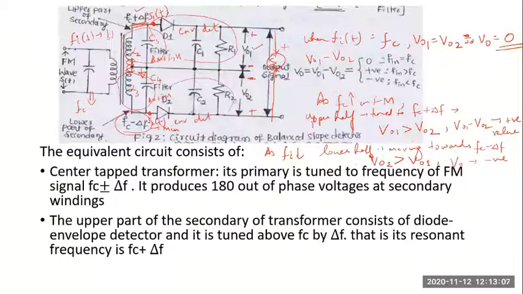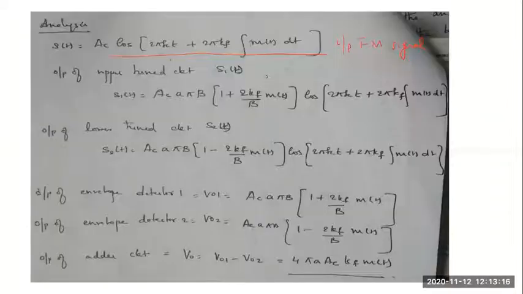After the envelope detector, we call them V01(t) and V02(t). So just after the parallel LC circuit, the output S1(t) is given by this equation. Can you see a signal? Actually, it's very easy to remember. This part, cosine 2 pi fc t plus 2 pi kf integral m(t), is there as it is. The amplitude has changed.